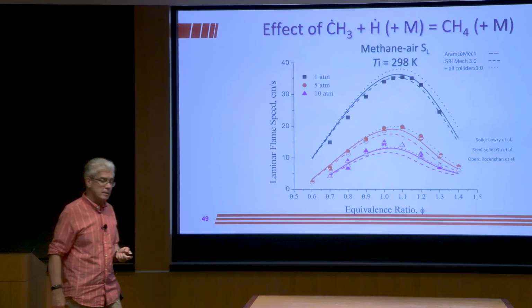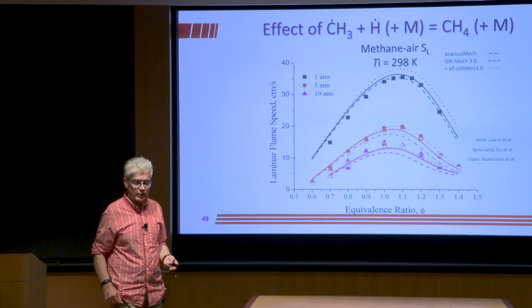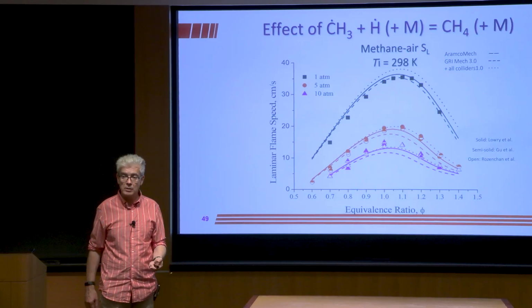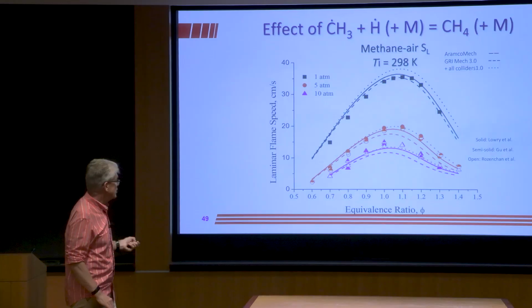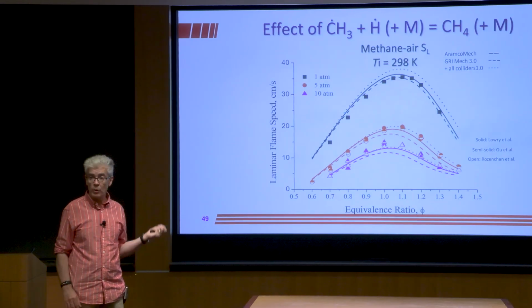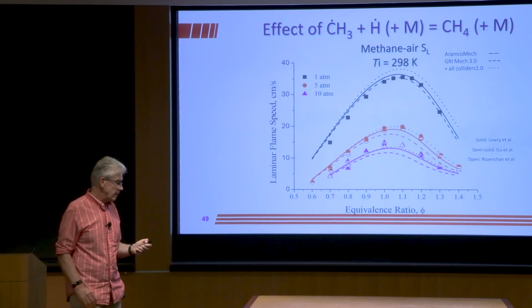So sometimes you might ignore the third-body efficiencies and think, oh, they're not important. In this case, they're very important, and we as a community need to pay more attention to those.